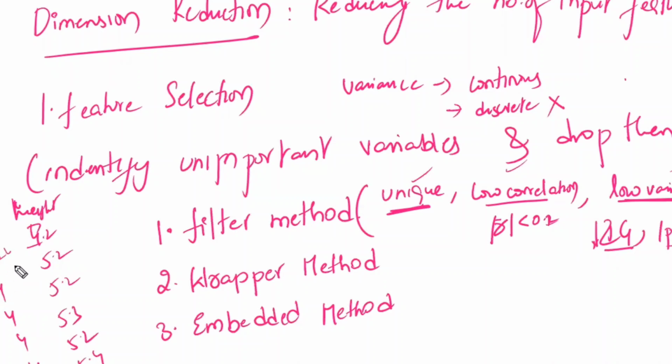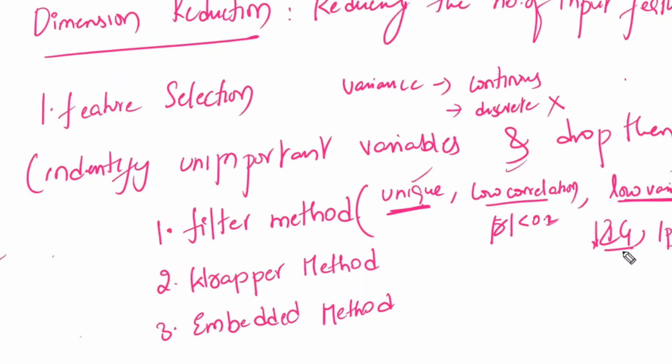For each and every record, minus 4 means 0, that is (x minus x bar) whole square. 0 square is 0 only. Variance is 0 means there is no change. Whether this value is there or not, it is the same. So whichever has low variance, that column we are going to drop. These all come under filter methods.